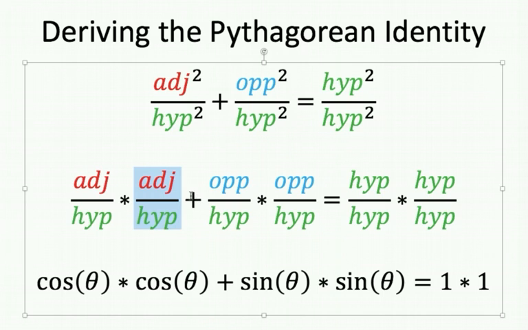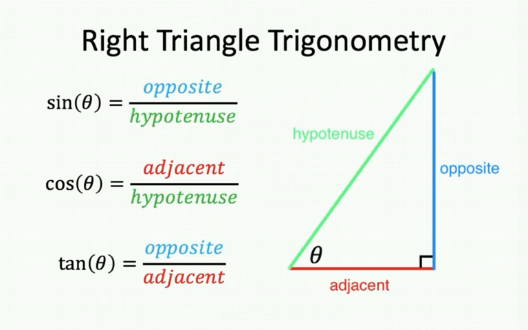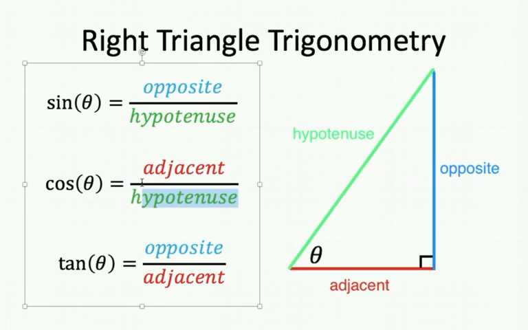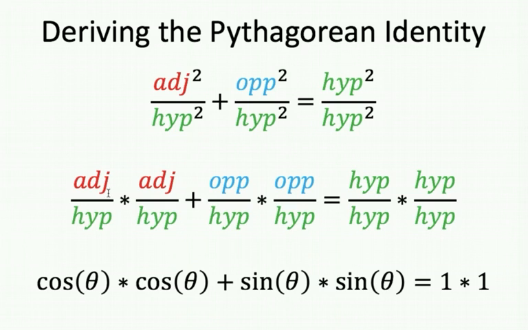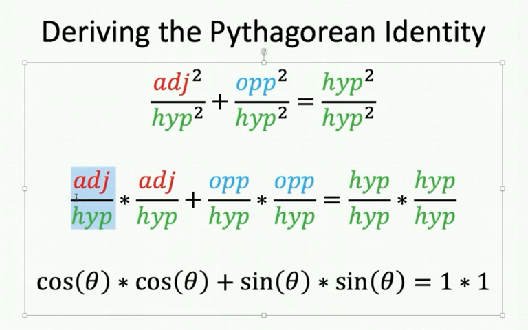Okay, now let's simplify this. If I can remind you from our previous review, adjacent divided by hypotenuse is equal to cosine. So right here, where it says adjacent divided by hypotenuse, this is the same as our cosine.